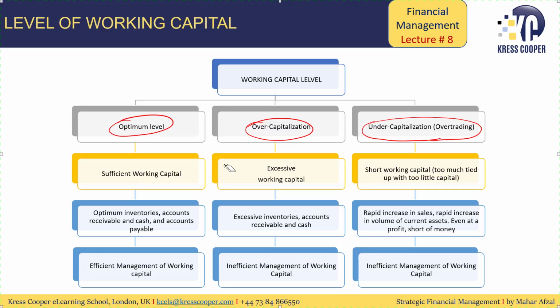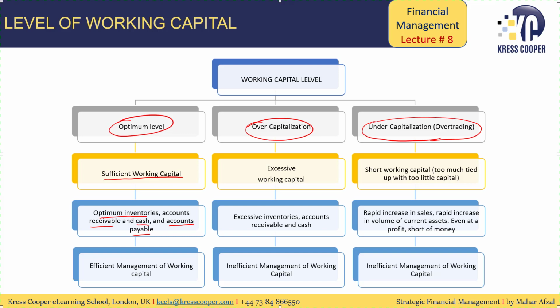In the optimum level of working capital, there is a sufficient working capital. Inventories are at the optimum level, receivables are at the optimum level, minimum cash is being maintained to meet the contingencies, and account payables are also at the optimum level.